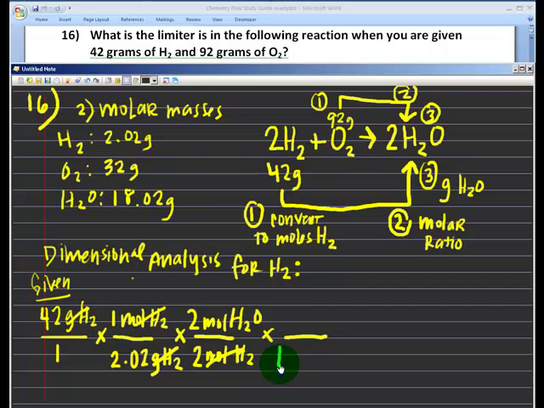Now step 3, convert back to grams of water. Looking back up at the molar mass, 1 mole of H2O weighs 18.02 grams. I cross out moles of H2O because they cancel out. Now all I'm left with is grams of H2O, and that is what I'm looking for, as step 3 says, convert to grams of H2O.